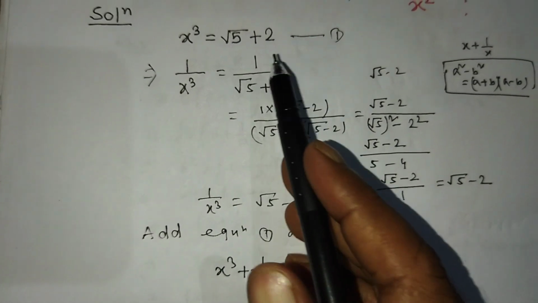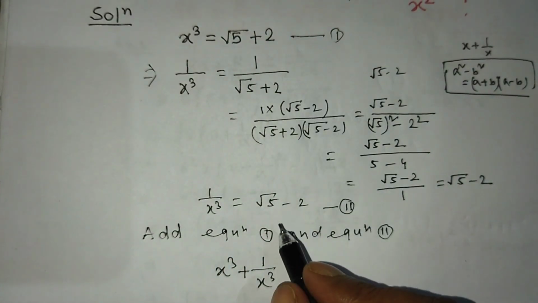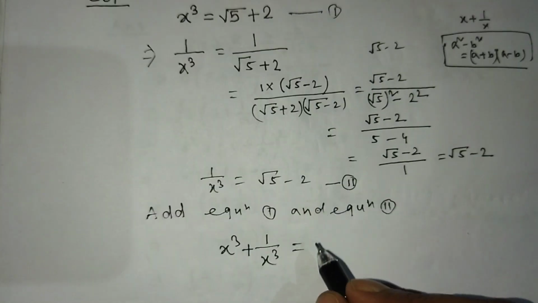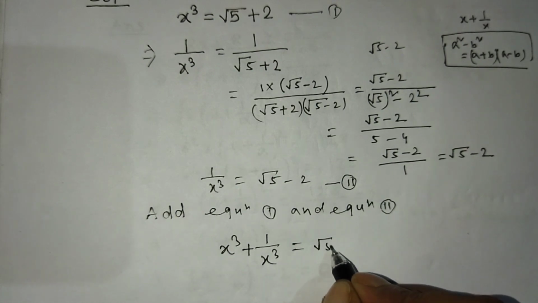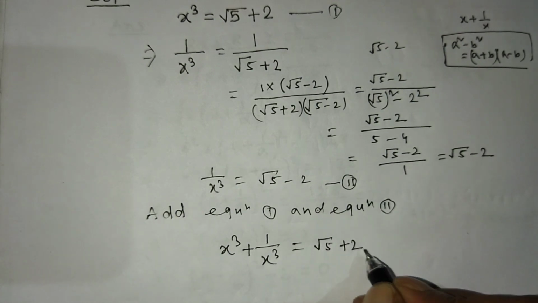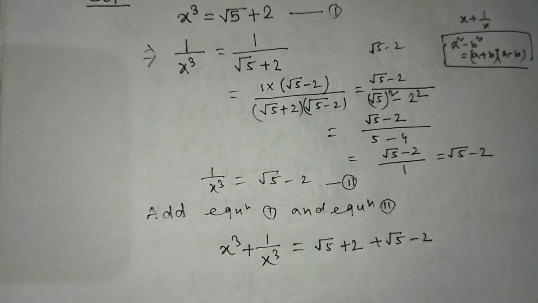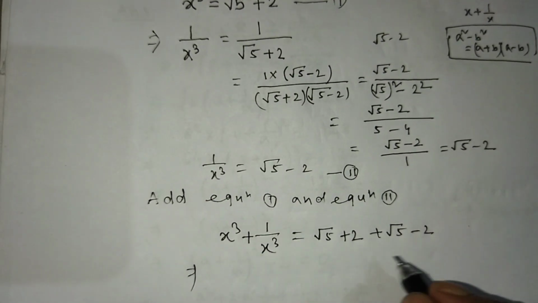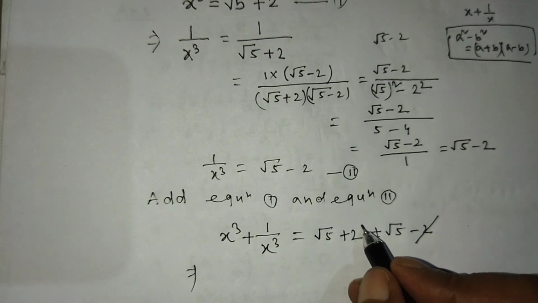And in this equation the right hand side is root 5 plus 2, and in the other equation the right hand side is root 5 minus 2. So on the right hand side we write root 5 plus 2 plus root 5 minus 2. Okay student. After that, here is plus 2 and minus 2, so we cancel both 2.